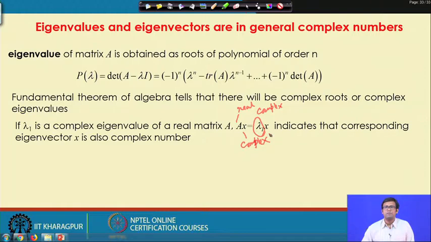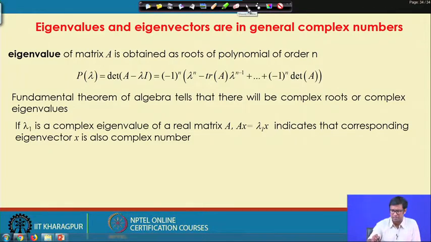In this case, the eigenvector will not be a basis of the column space, because the column space is spanned by real numbers. So, this will be another class of problems. It is possible to have a complex eigenvalue, and in that case the eigenvector will also be a complex-numbered vector, so x will not belong to Rn.